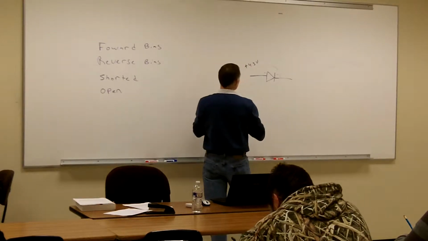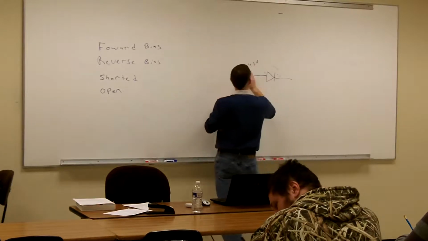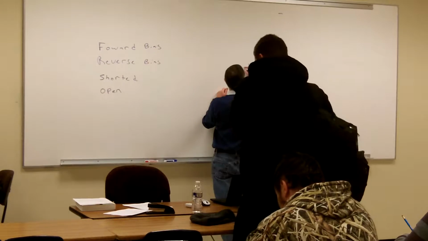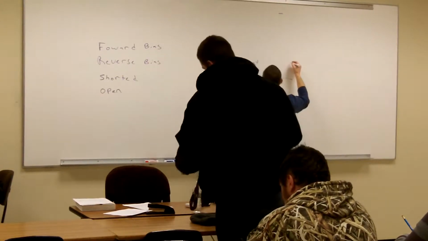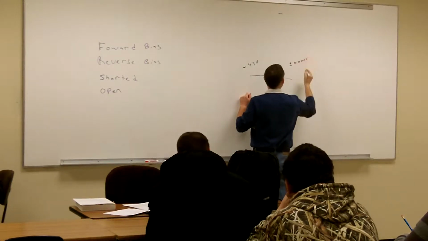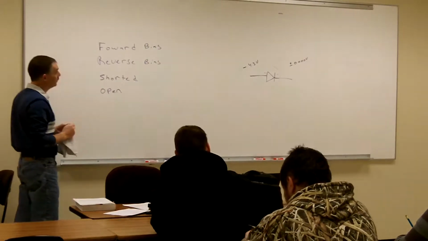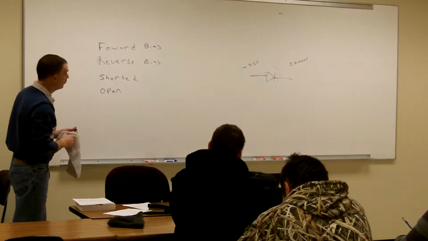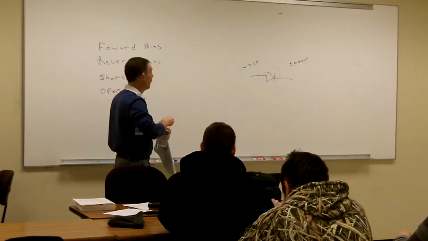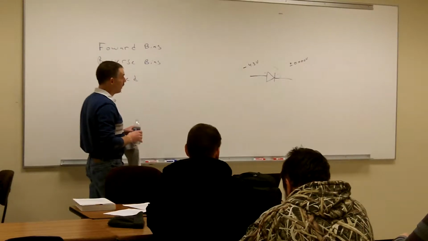Let's see here. All right, there would be a good one. So now what state would that diode be in? Reverse bias. It's going to act like an open, and it's going to drop the source voltage.